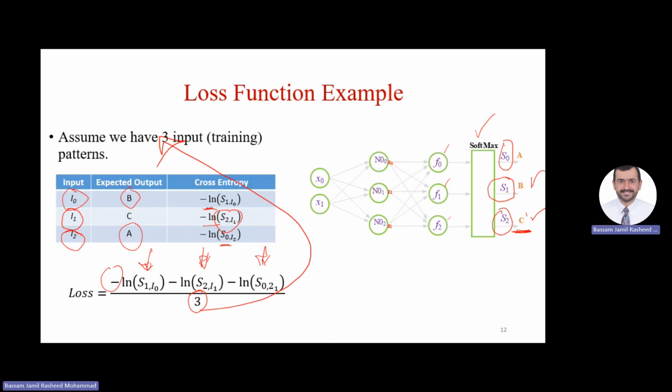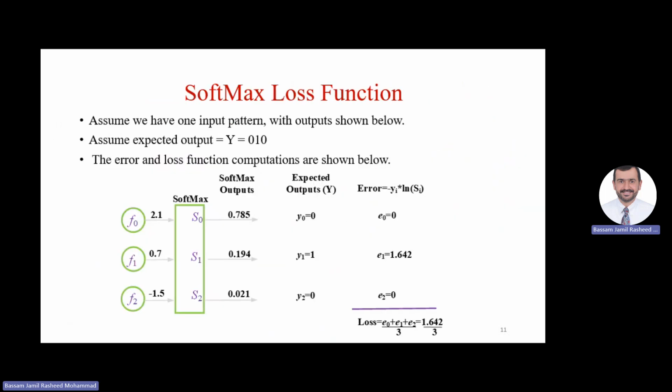Okay, so really, if you look at how we compute per one pattern, in this case, I have one pattern here, and the correct output is 0, 1, 0, right? That's the correct output right here. Let's say, for example, I'm sending an image. I have a database of images for like door, tree, and tiger.